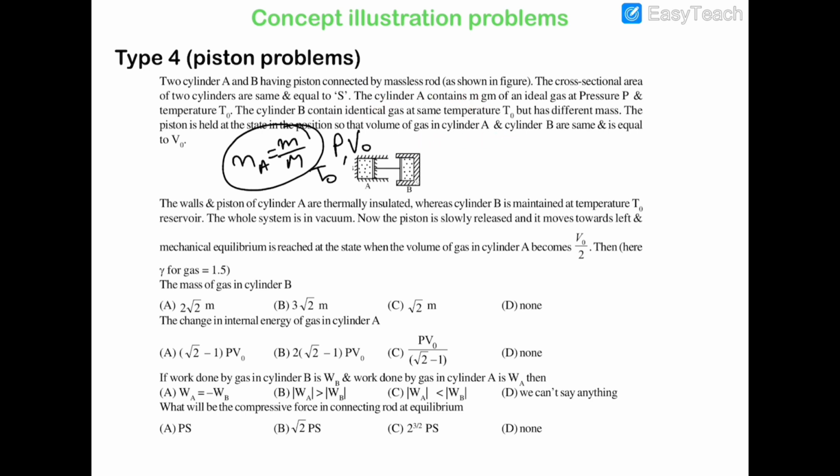And at this side pressure is P dash, let's suppose it is PB, initial pressure, into volume V naught, temperature T naught, and number of moles NB is, let's suppose, mB upon M. So we can equate the value of gas constant R, and we can write down that P V naught upon NA into T naught will be equal to PB into V naught upon NB into T naught.